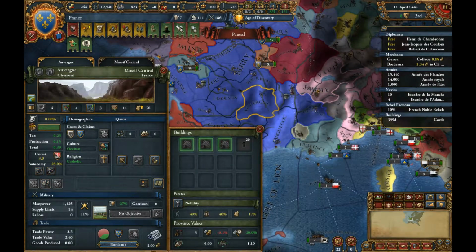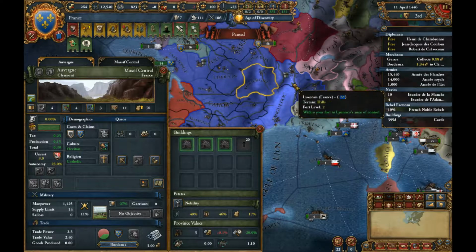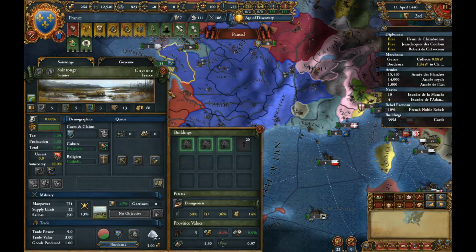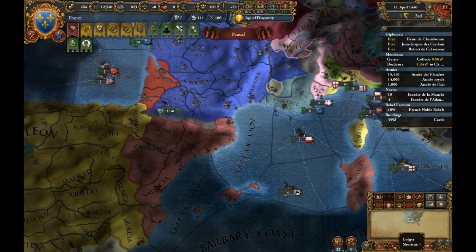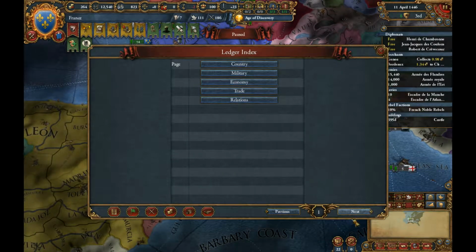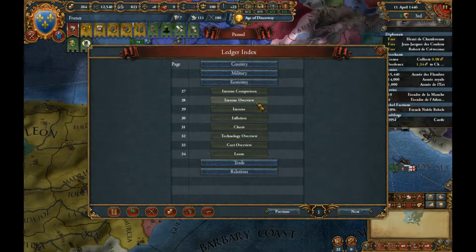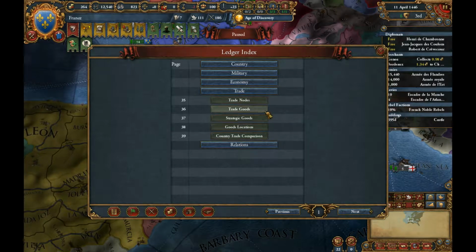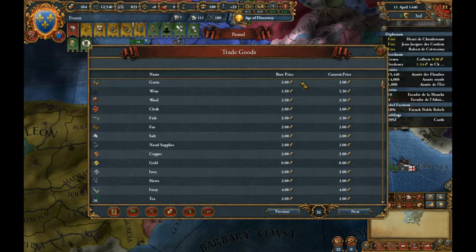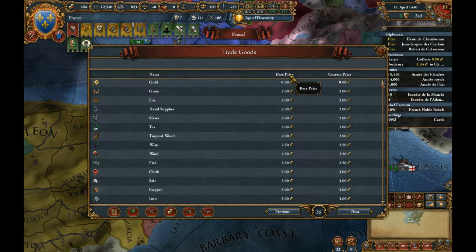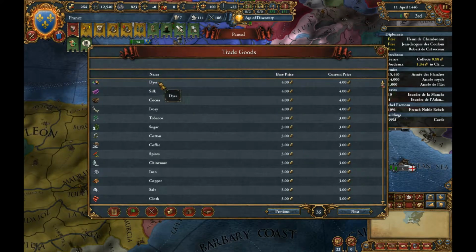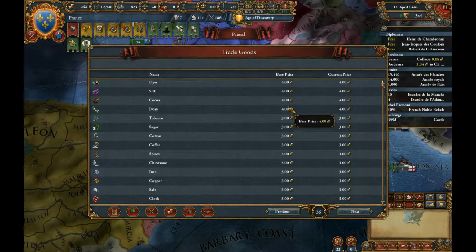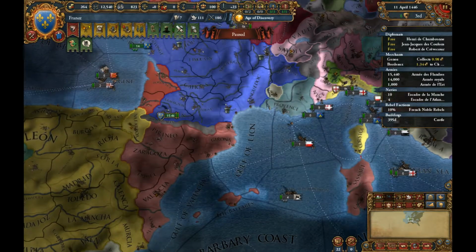Oh yeah, or here 3 with iron. No, we don't have anything that has a higher price. Maybe I show you this in the ledger, on the trade, not economy. You can see the trade goods, and you can see the base price and the current price. For example, dyes are extremely strong, or silk is extremely strong with 4 ducats. They are quite expensive goods.